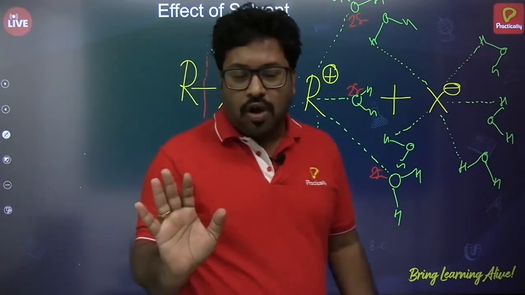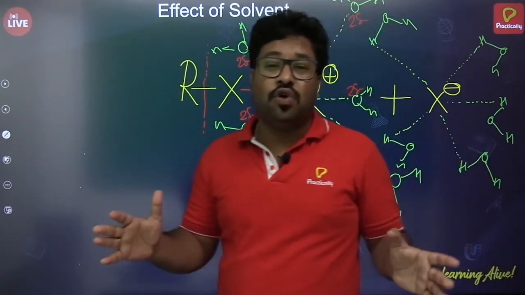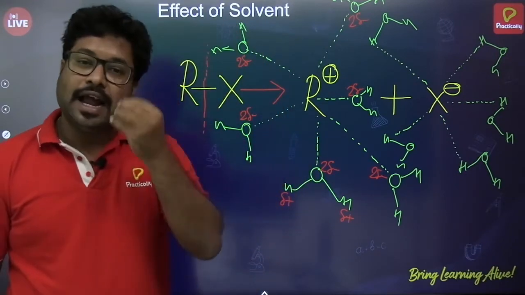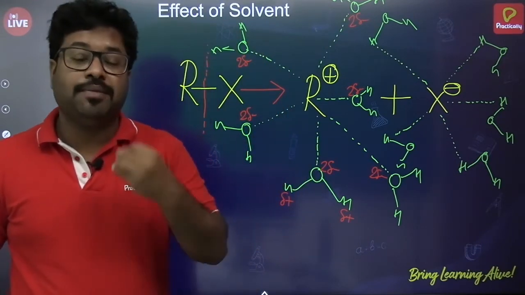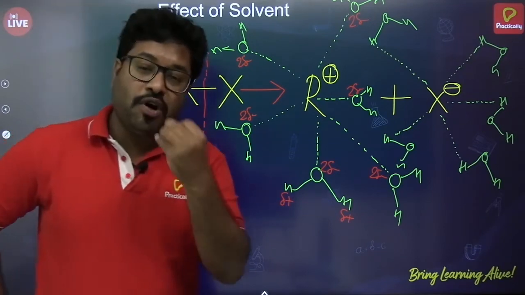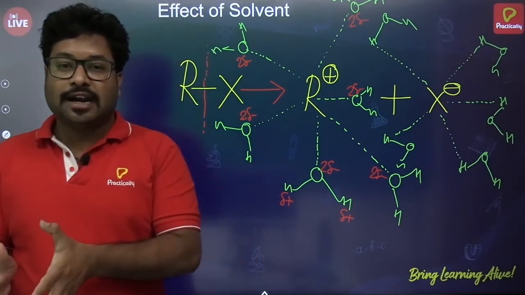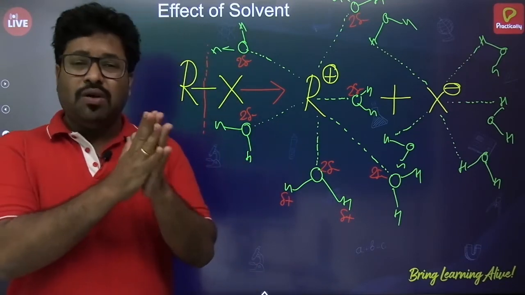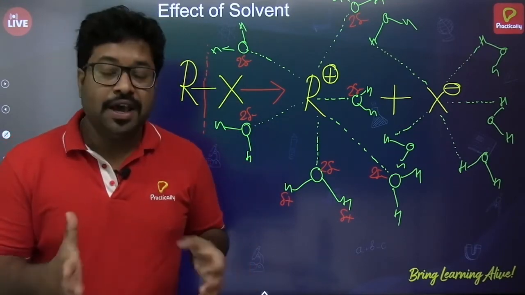Because you saw, it is breaking a bond because there was no option. The reaction was happening anyway, so the bond must be breaking between R and X. Now, if the bond is breaking, you are getting a carbocation and X minus, the leaving group. So charge is inevitable. You can't avoid it.